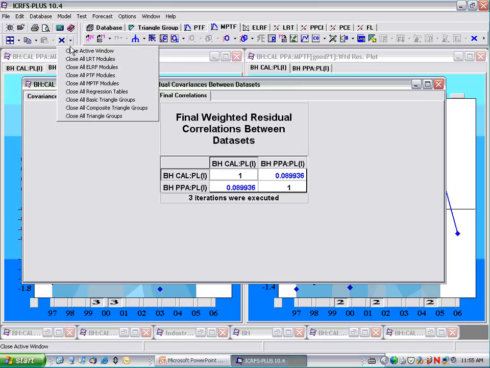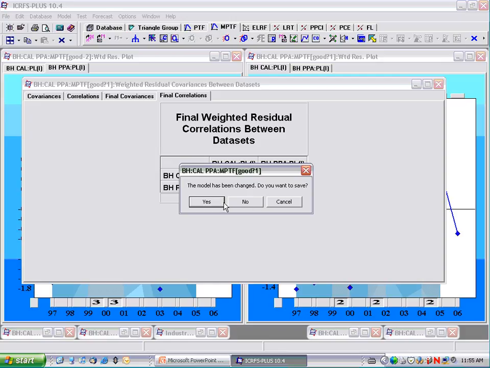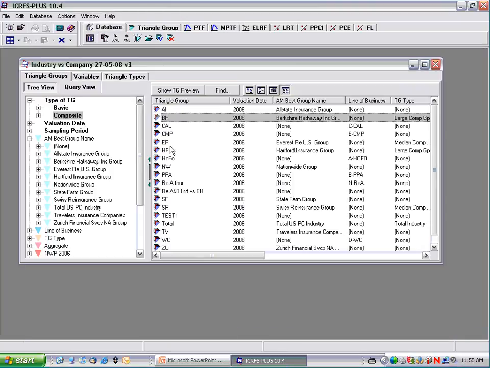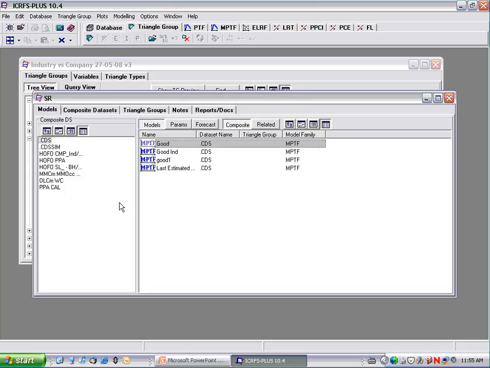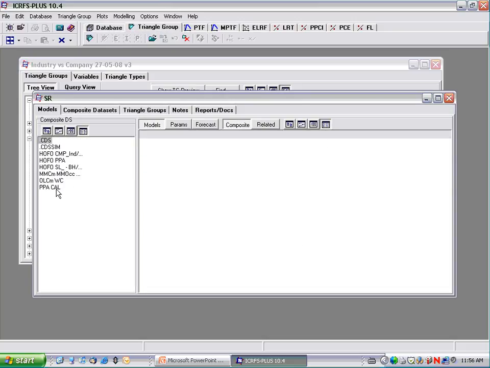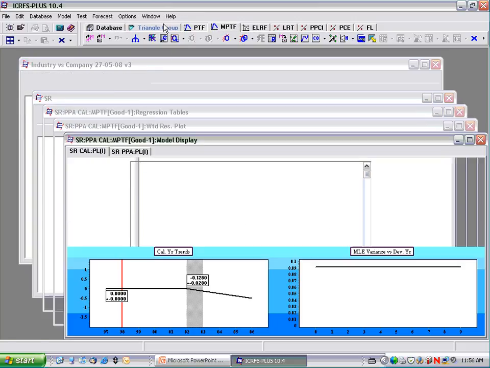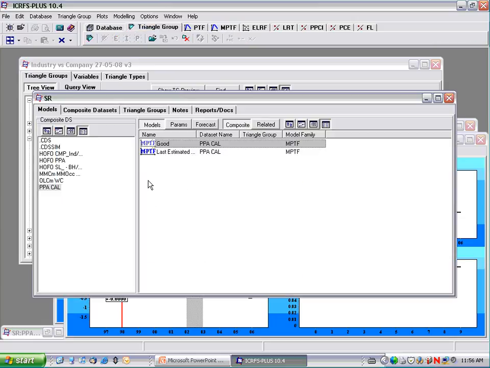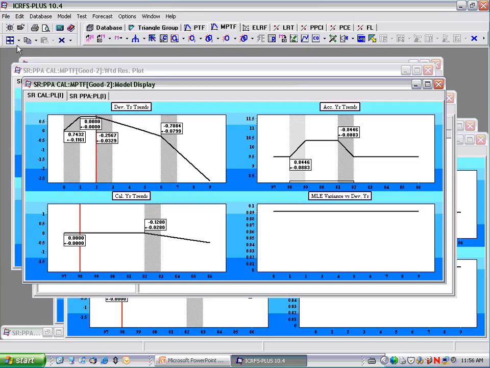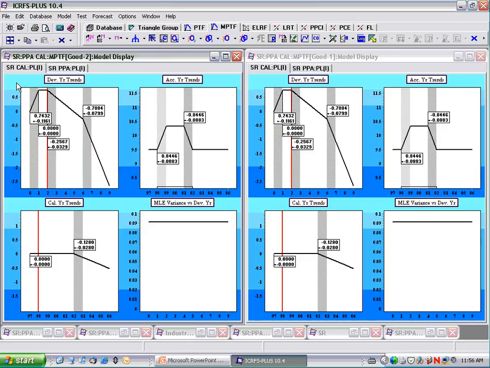If we now turn to Swiss Re, SR, composite, let's go to CAL and PPA, run model good. Let's do it again, same model. We've just got two views of it, two runs of it.